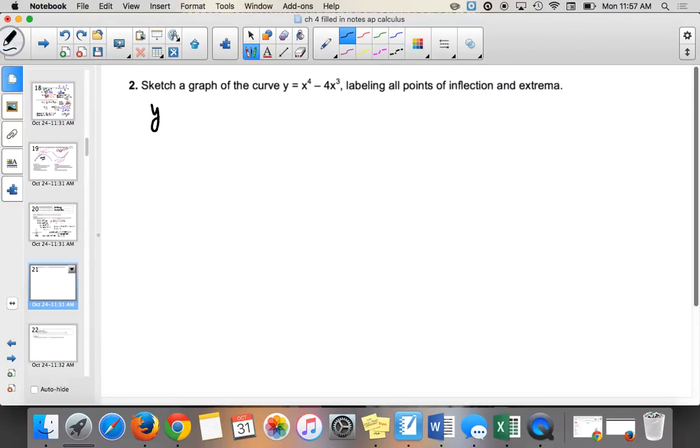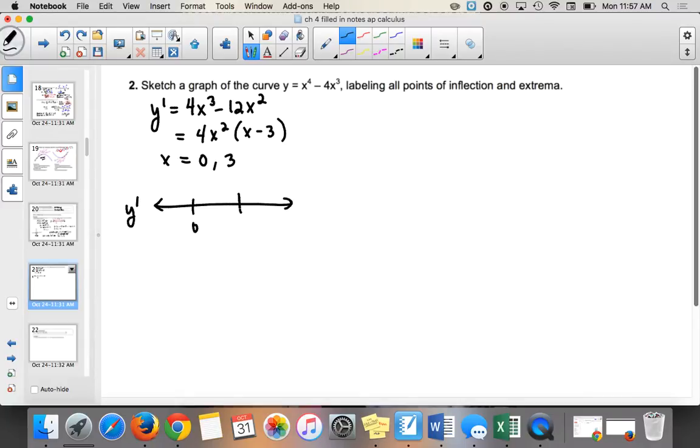Okay, so I'm going to do y prime, and it's going to be 4x cubed minus 12x squared. So let's find the critical values. I'm going to pull out a 4x squared. When I do, I have x minus 3 left. So I get critical points of 0 and 3.